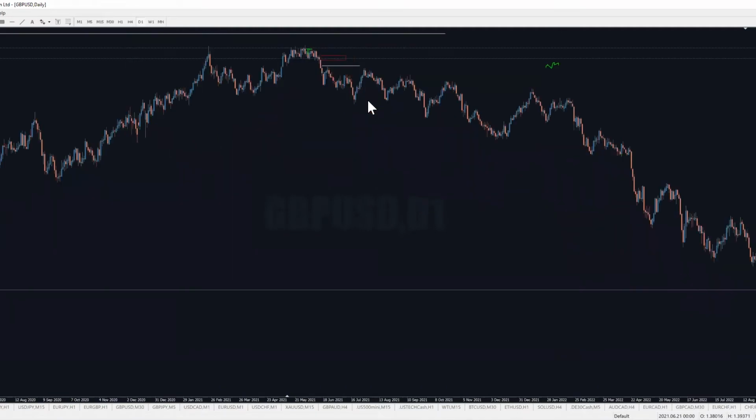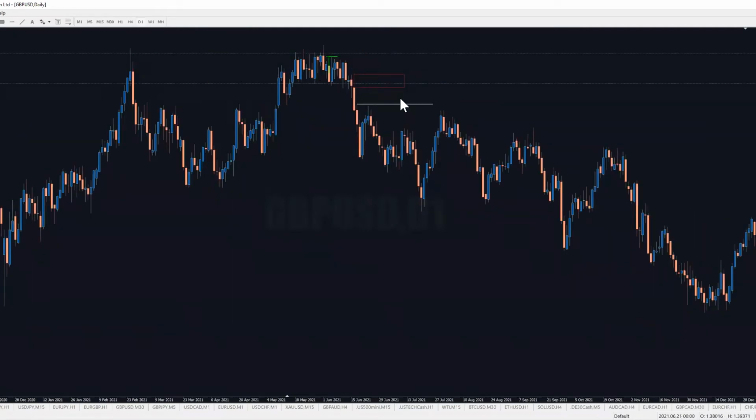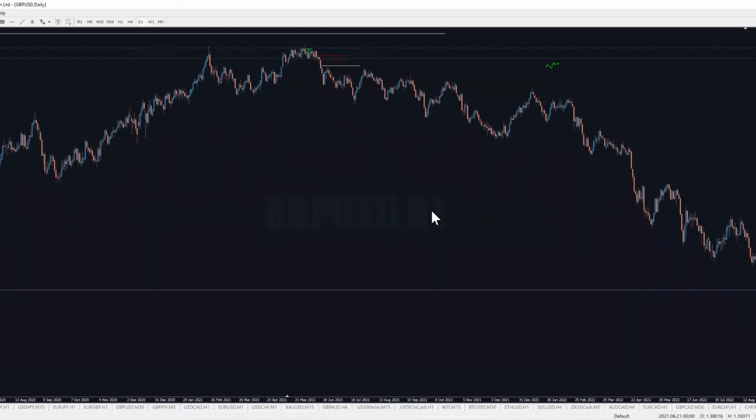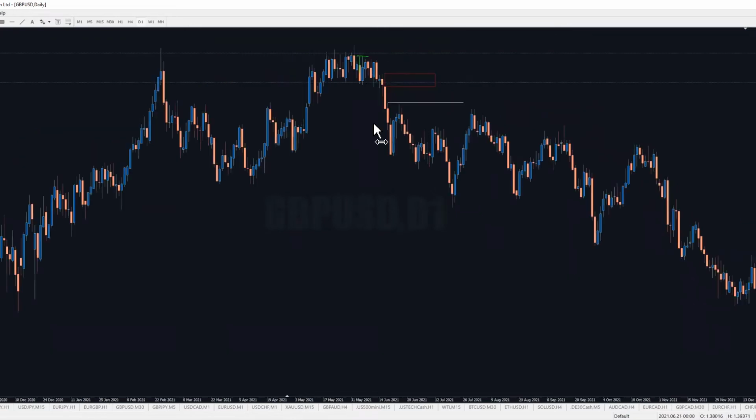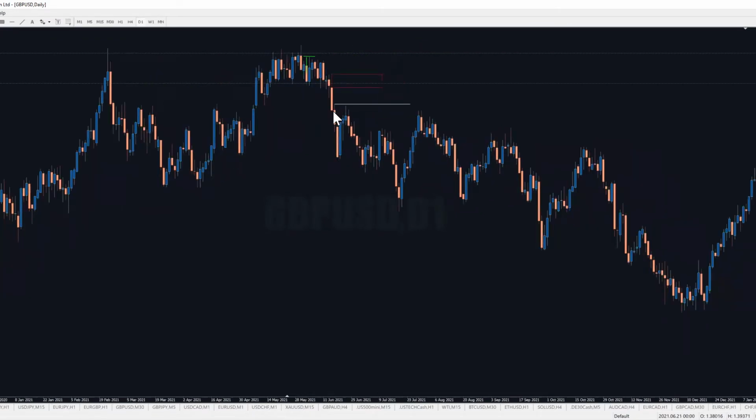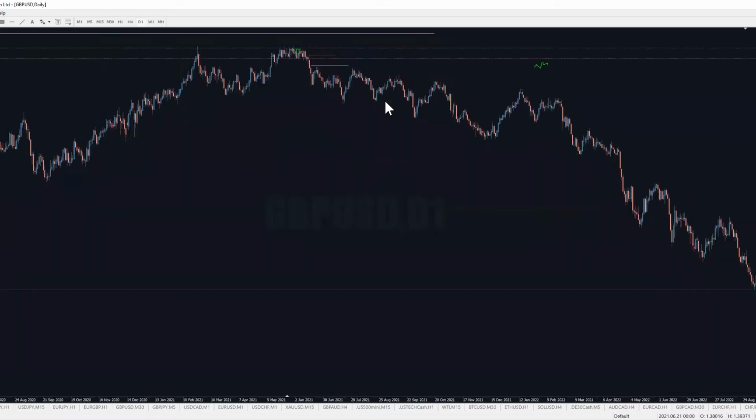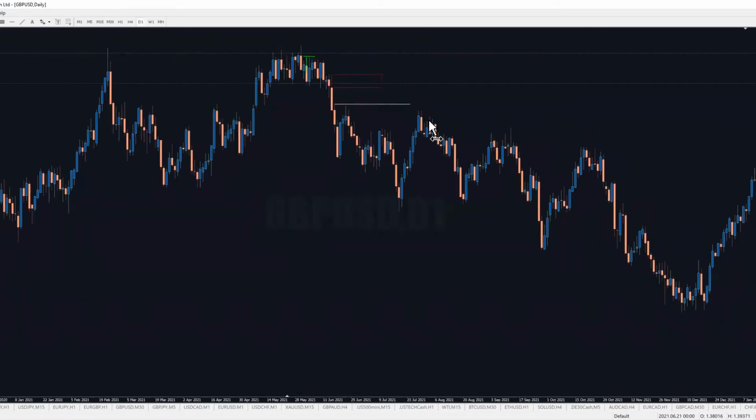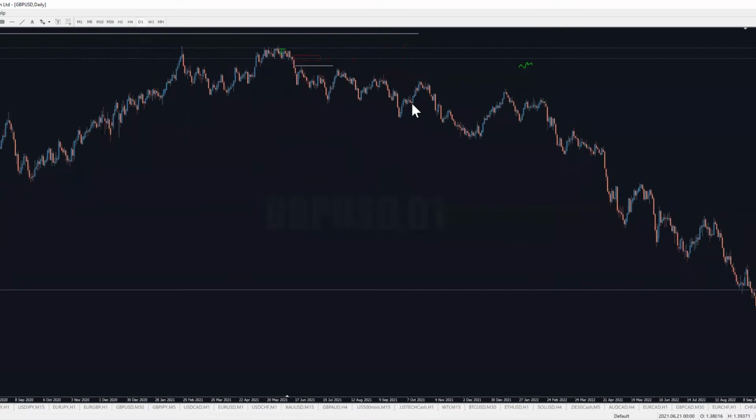But I think it's important to start with a higher time frame, for example daily, and then you can go to the lower time frame and maybe find smaller levels in there. Bear in mind that higher time frame, for me at least, is always more important than the lower time frame.